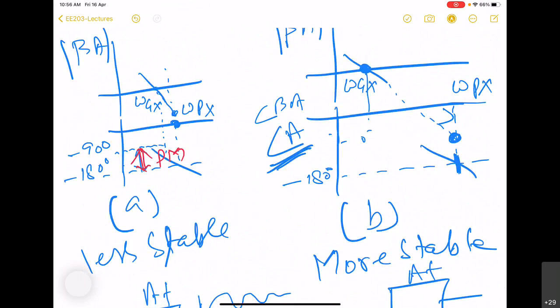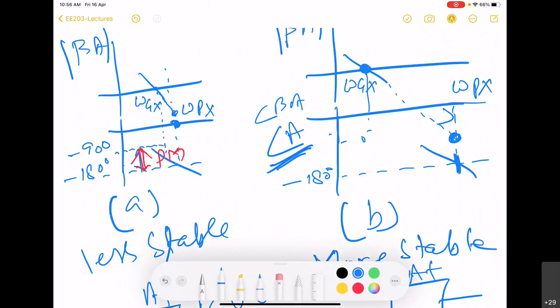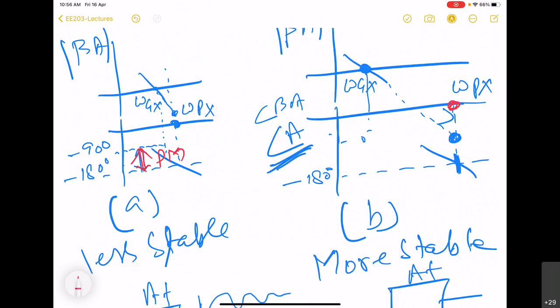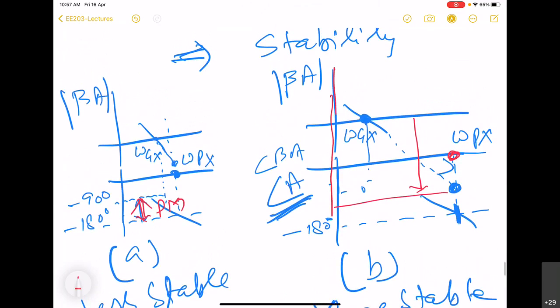So here we have omega px, and at this point this is the beta A axis, and this is the zero value, and this whole thing is the gain margin.